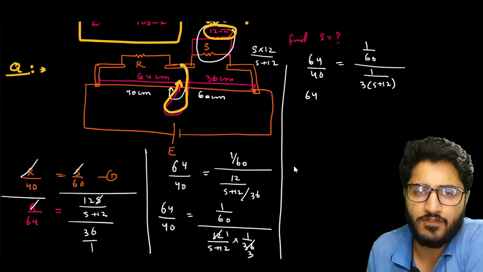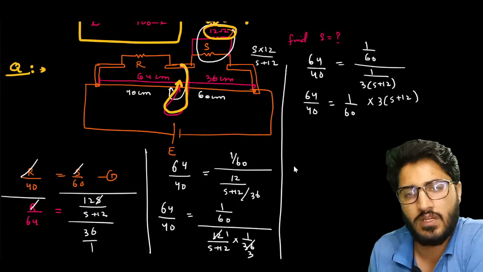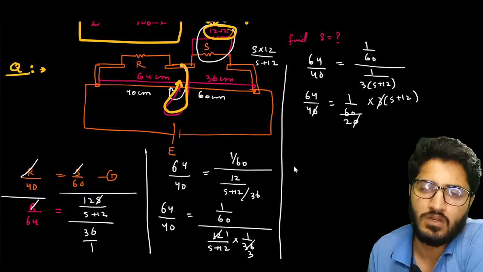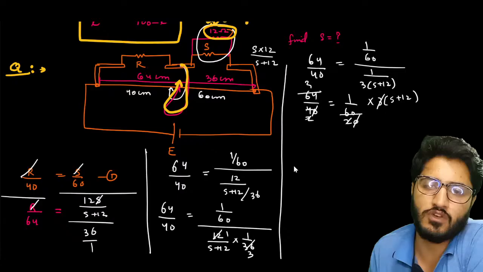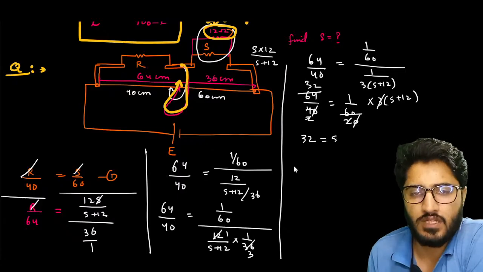I get 64 by 40 equals to 1 divided by 60 multiplied by 3 S plus 12. 3 1s are 3, 3 2s are 6, 0. 0 0 cancel out. So I can write it 2 on the 2, 2 to the 4, 2 3s are 6, 2 to the 4. So it is 32 equals to S plus 12.